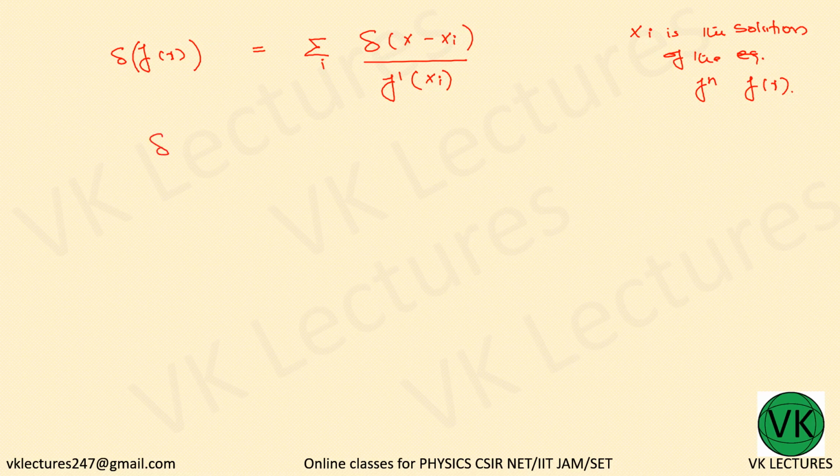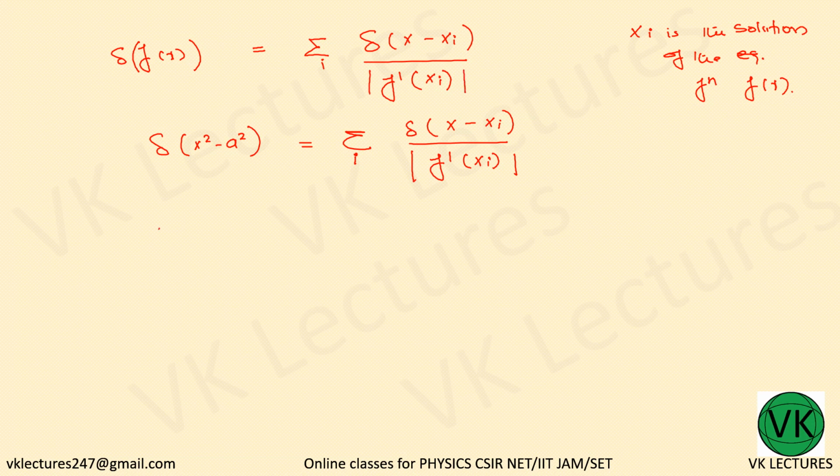Example: delta of x squared minus a squared is equal to the sum over i of delta of x minus xi, divided by f dash of xi. This is the magnitude, okay?